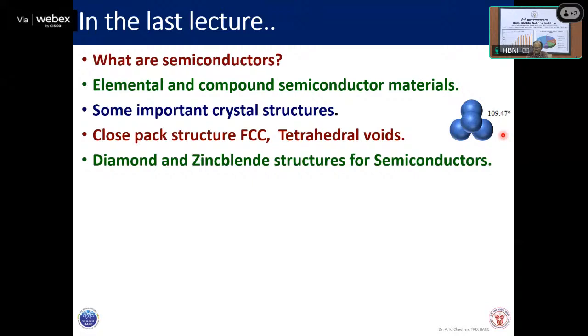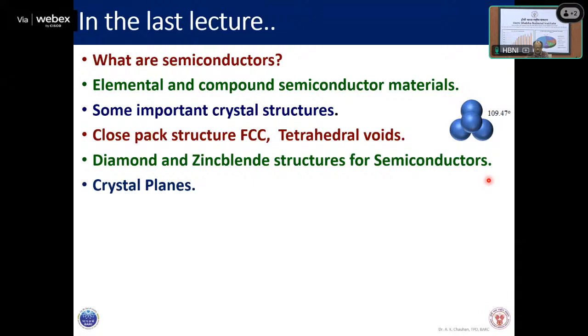And in the zinc blende structure, the two interpenetrating FCC structures have two different elements. Like in gallium arsenide, you have an FCC structure of gallium, and the other FCC structure is of arsenic. So in this example, all these four spheres will be gallium, and inside, the red color will be the arsenic.